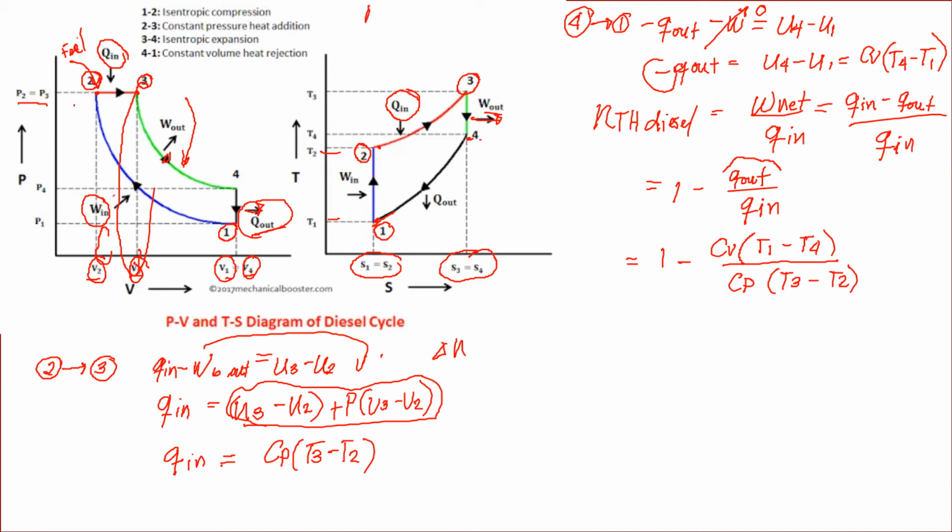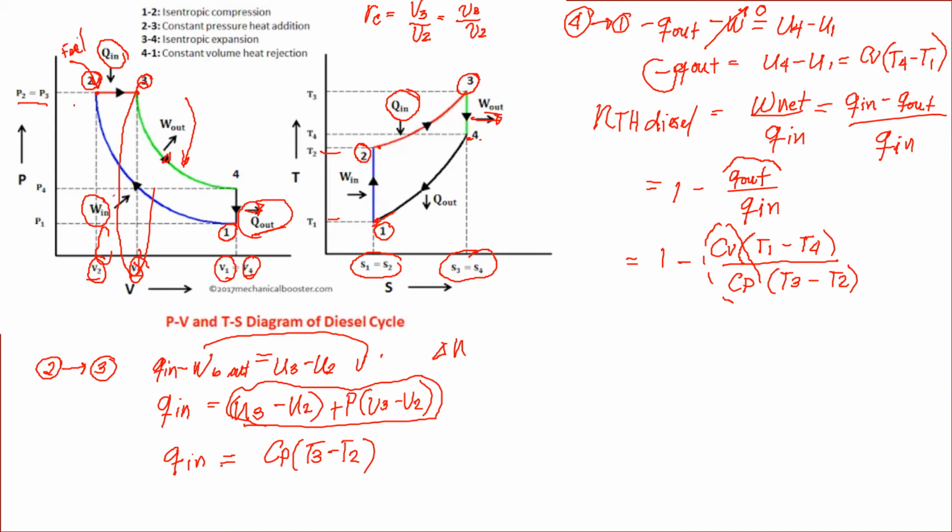So we have rc, the cutoff ratio, is just equal to volume 3 over volume 2, or we may say the specific volume of air 3 over the specific volume of air 2, or the mixture of the air. And we take note that we remember the ratio of Cp over Cv, which is just equal to k.